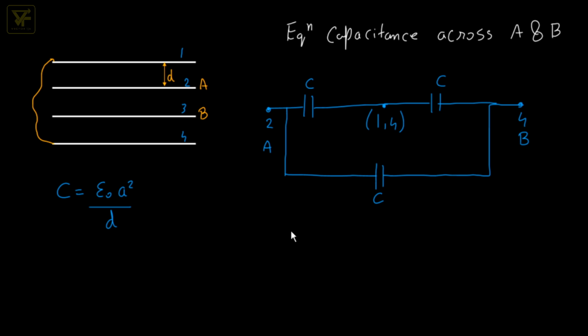So equivalent capacitance between A and B is C by 2 plus C, which is 3C by 2, which makes it 3 by 2 epsilon naught A square by D. Quite simple, right? Let's see the next question.